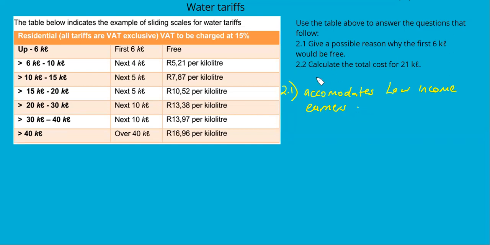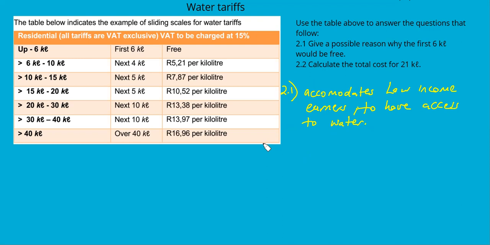So when we have got this amount, it means that low income earners also have access to water. So it accommodates low income earners to have access to water. So that's what we are going to have here.